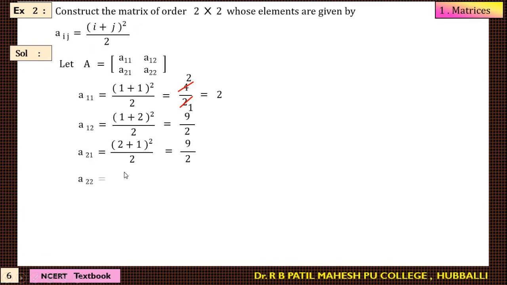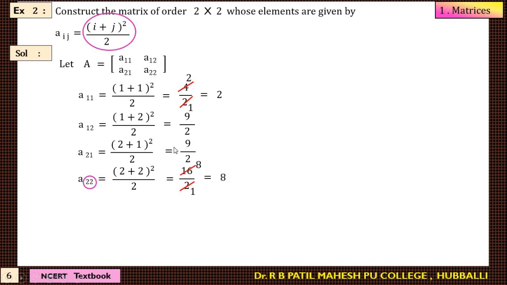Last element, A22. In this element, the subscript is 2 and 2. That is i is 2, j is 2. If you replace in the formula, you will get (2 plus 2) whole square divided by 2. That is 4 square is 16 divided by 2, and it cancels, 2 ones are 2, 2 eights are 16. The value is 8.